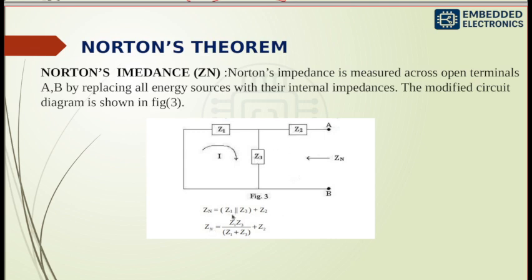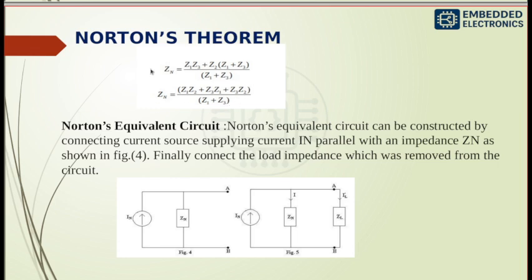So we can write it like this: Z1 Z3 divided by Z1 plus Z3. Now you need to multiply and divide it by Z1 plus Z3, then it will become like this. Now multiply this Z1 Z2 plus Z2 Z3, then we got the value of Zn.